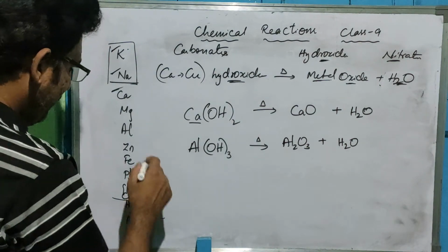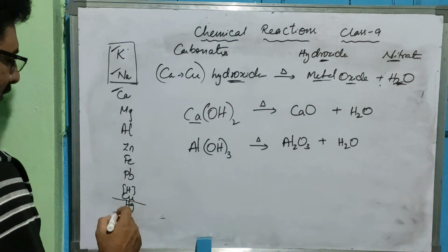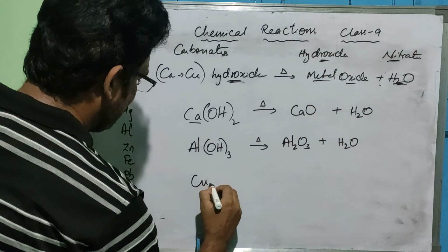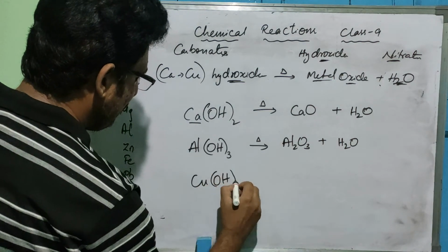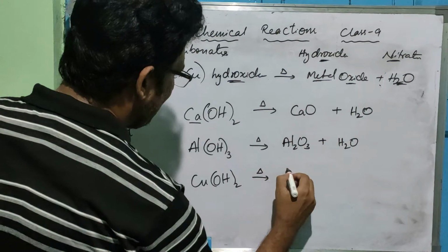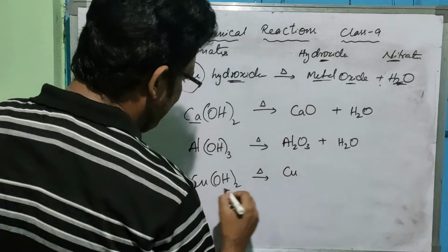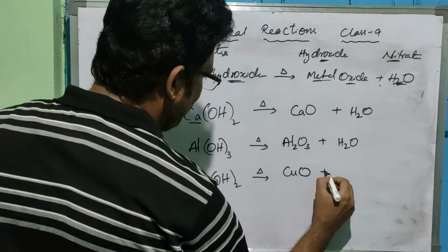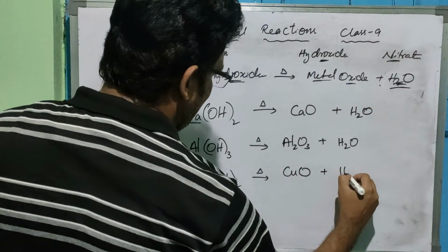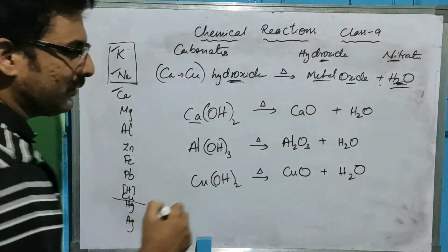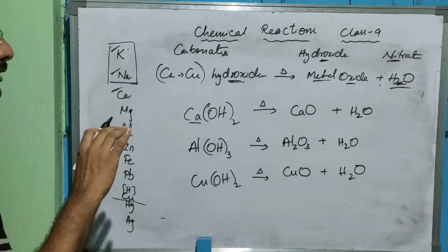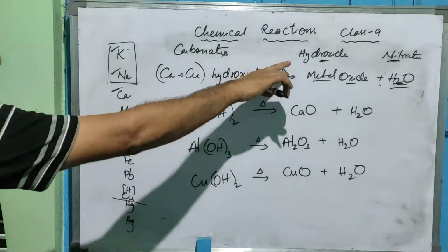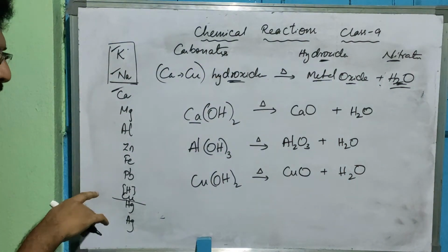And if you take copper hydroxide, Cu(OH)2, and heat it, you will get metal oxide. What is the metal? Copper. So copper oxide plus water, the common product. This is the decomposition of hydroxides of the metals from calcium to copper.